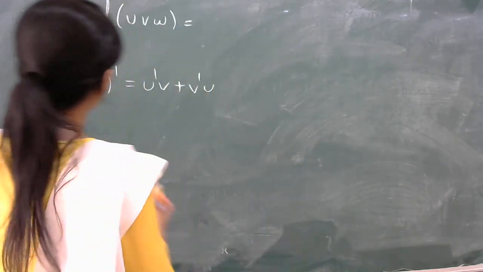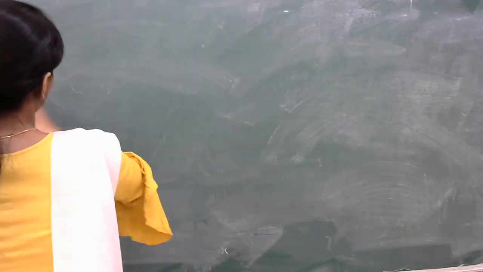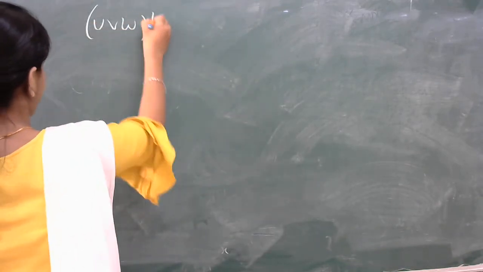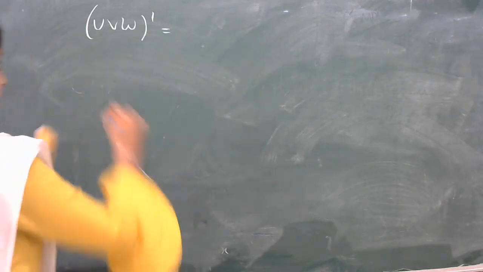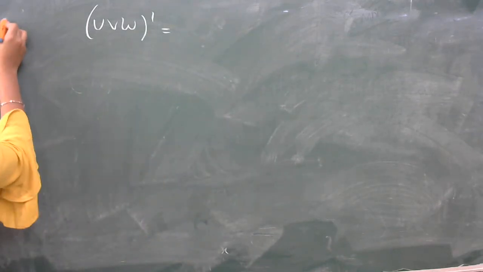So what we will do here? To find (u v w) dash, we have considered the LHS. These are LHS, right? I hope you can see.